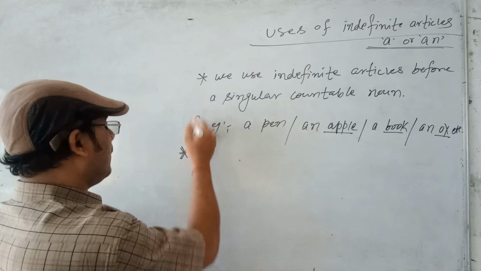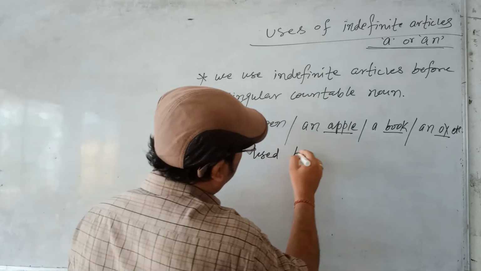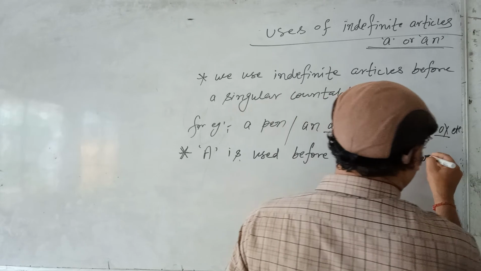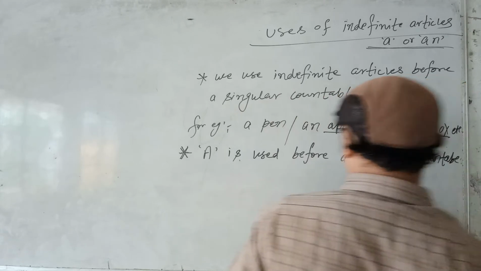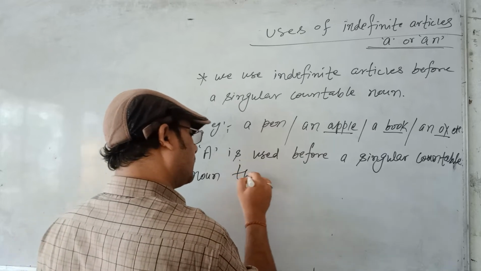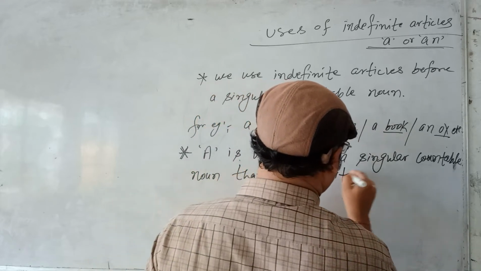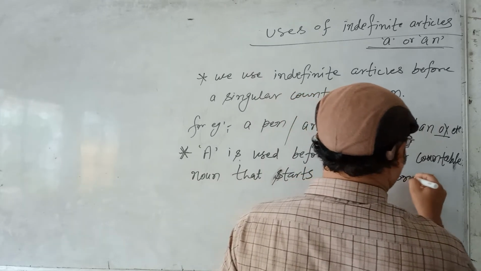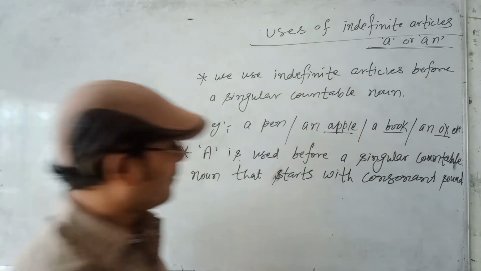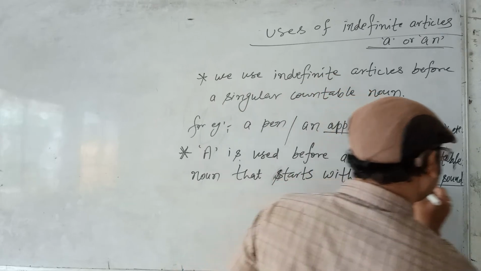As we see in this point, a is used before a singular countable noun that starts with a consonant sound. Students, you must focus on these words, consonant sound.